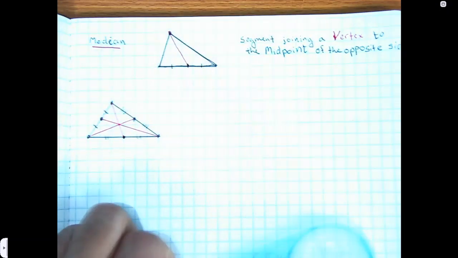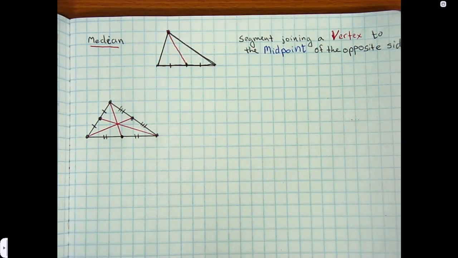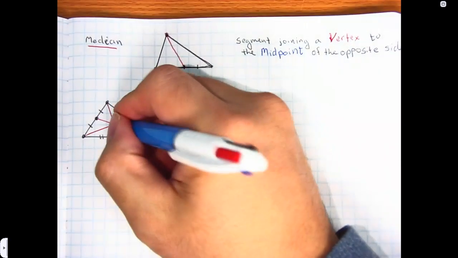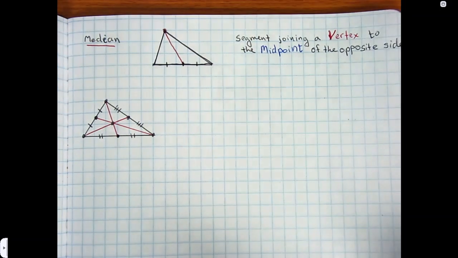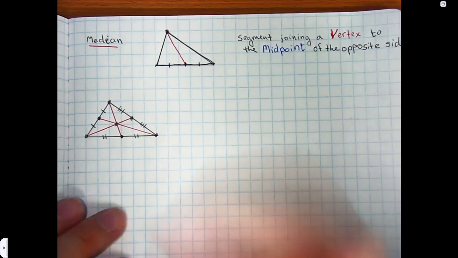Oh, lucky! If you are connecting midpoints from the vertices, you will meet in one place. This place that we're meeting, this point that is the common place, is called a centroid.